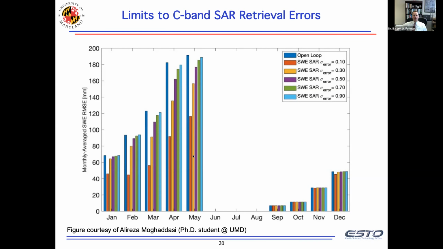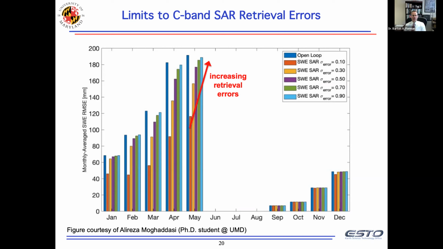We don't know exactly what it is, but as we see these different bars, we have increasing retrieval errors: low error, low error, high error. And we see that as we have more and more error in our retrievals, we get less and less benefit in the model, exactly as we expect.